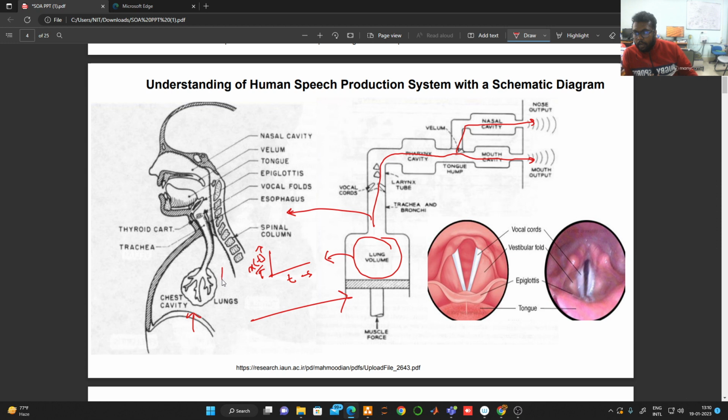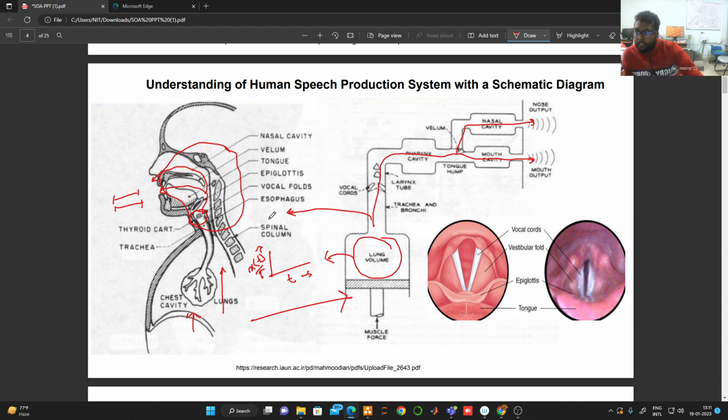Your lungs are responsible for the airflow, and when the airflow comes out, it goes through the oral cavity or mouth cavity and the nasal cavity. This whole system is called our vocal tract, and it is the main part of the human speech production system that makes different phonemes, different types of sounds.